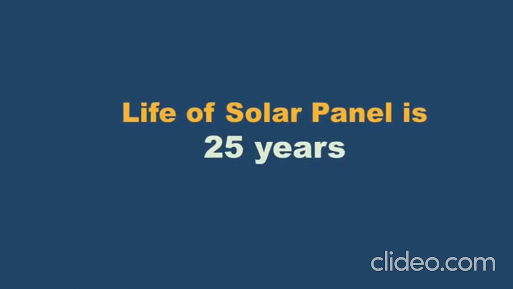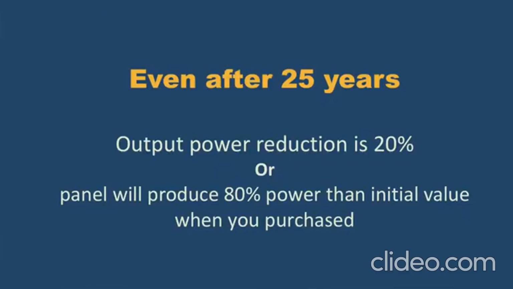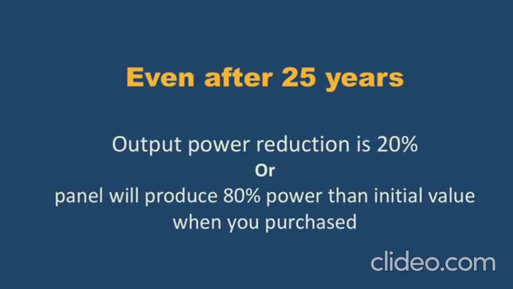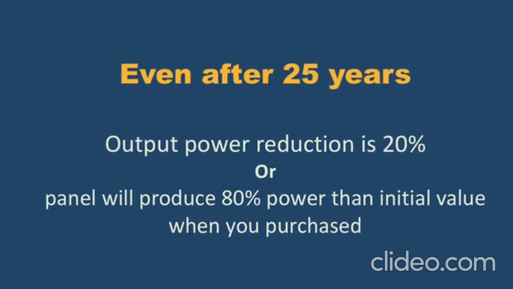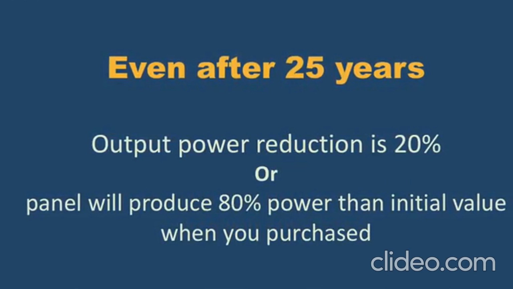And even after 25 years, the degradation in power is only 20%, which means that if a module is producing 100 watt of power today, after 25 years it will reduce by 20% only, and it will still be producing 80 watt of power for you. Isn't it great that even after 25 years, only 20% reduction? So it's really a very long life.